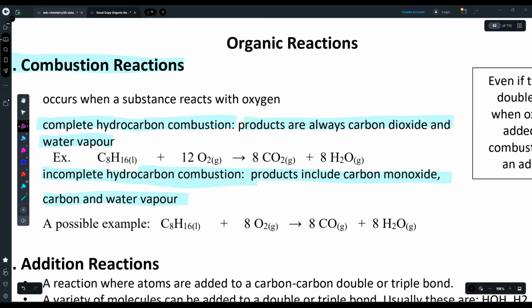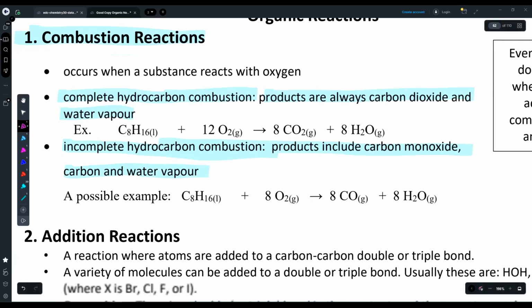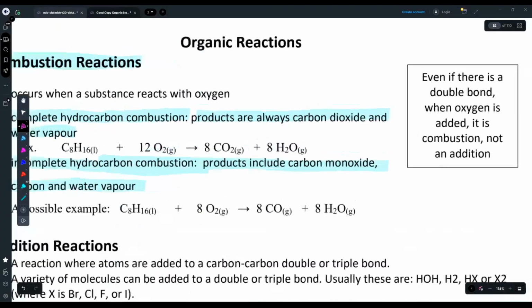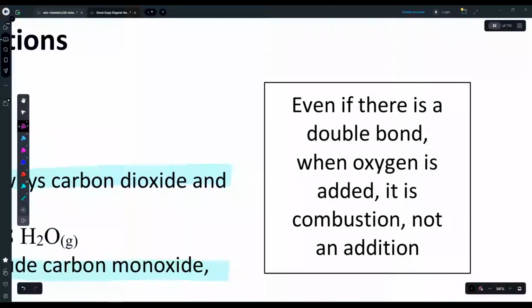Complete combustion will always give you carbon dioxide and water. Incomplete will give you carbon monoxide, water vapor, and carbon. Just keep in mind this little note over here before we move on.